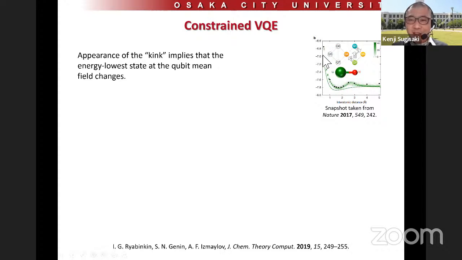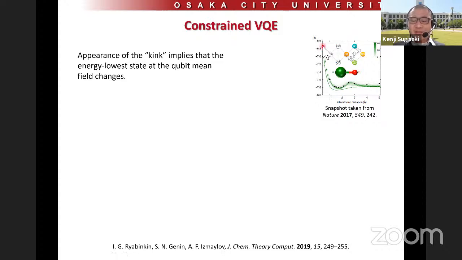Of course, this dotted line corresponds to the exact result, so there's no barrier. So why does this kink appear? This is because of the nature of the mean-field approximate state; the mean-field state will change around here. Let's think about the Hartree-Fock potential curve.